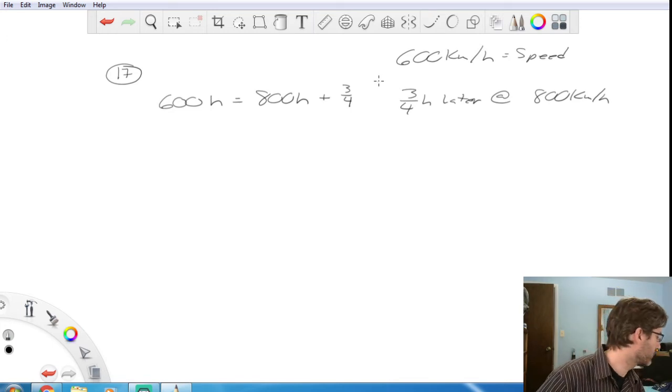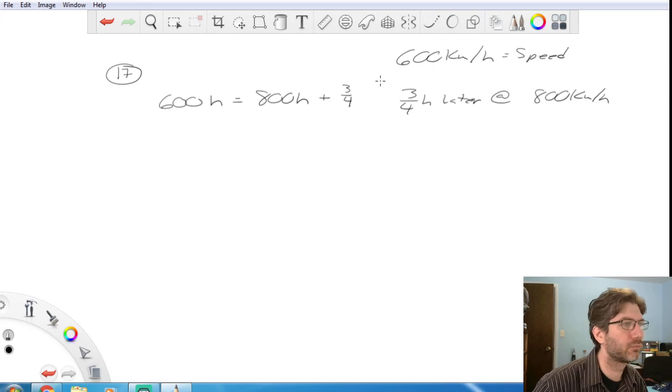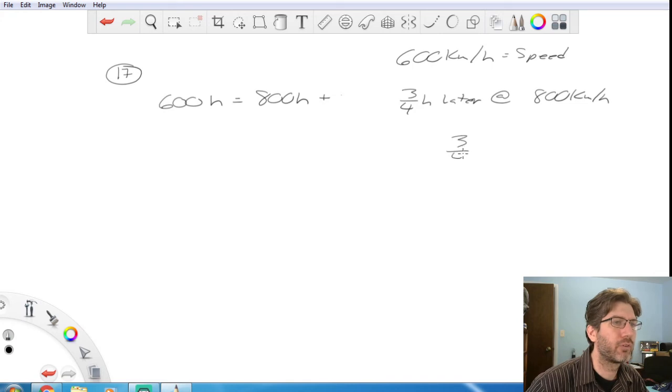But that should be it, unless I'm reading this wrong. I am going to change this to the decimal because it makes more sense. 3/4 of an hour, right? That's 3/4 of 60 minutes, right? 3/4 of an hour is 45 minutes.